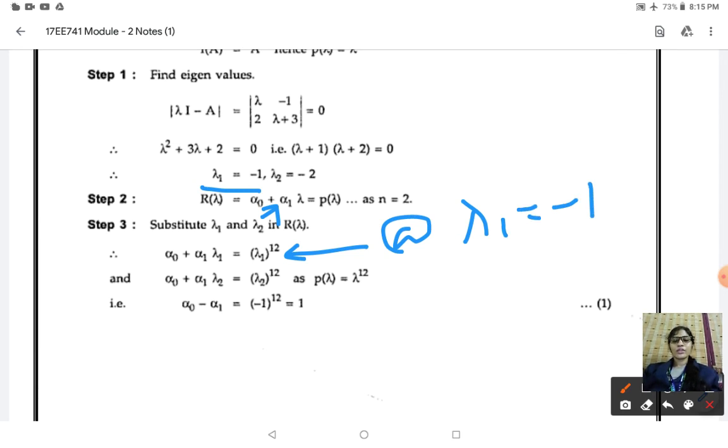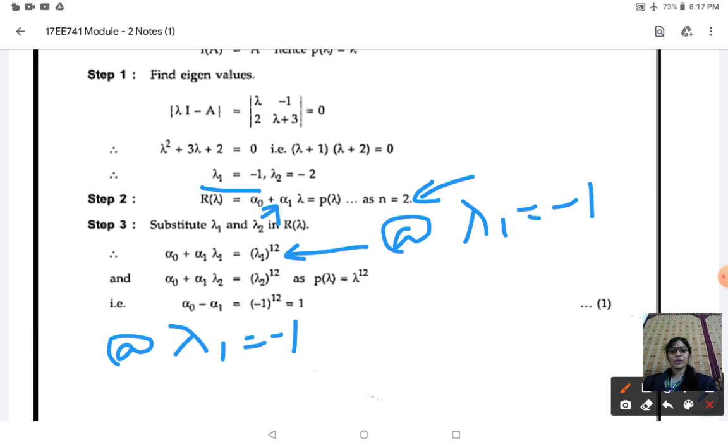Again we need to substitute the value of lambda 2 in the remainder polynomial equation. So at lambda 1 is equal to minus 1, the remainder polynomial equation is alpha naught minus alpha 1 is equal to minus 1 to the power of 12.